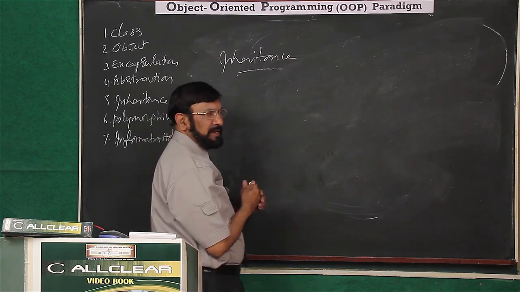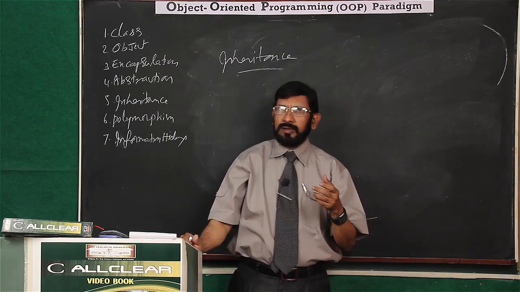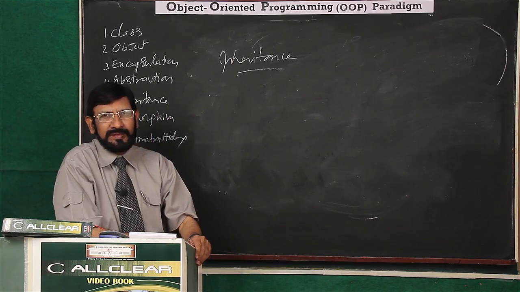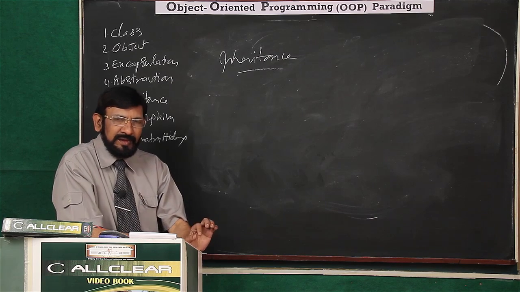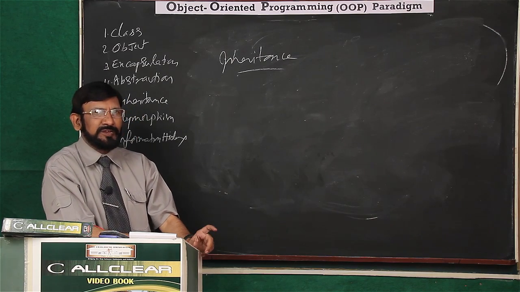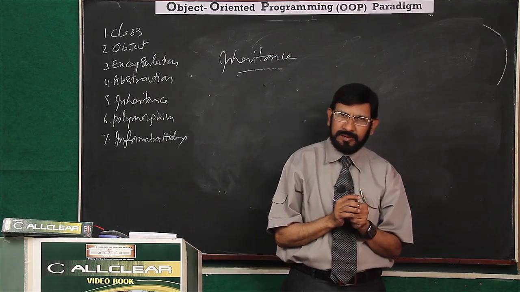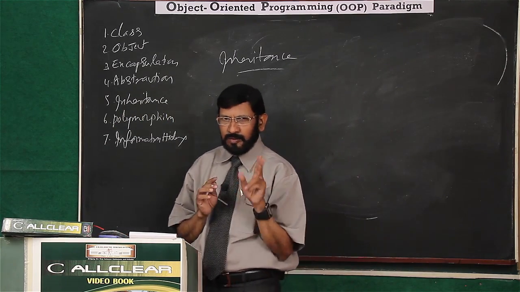Inheritance means how you can define, create new classes from the existing classes. Simply you have to understand that: create new classes from the existing classes. Actually, if you have to build or develop anything, there are two ways.